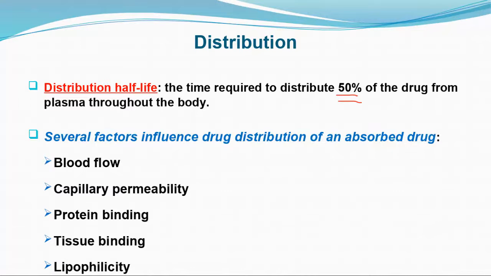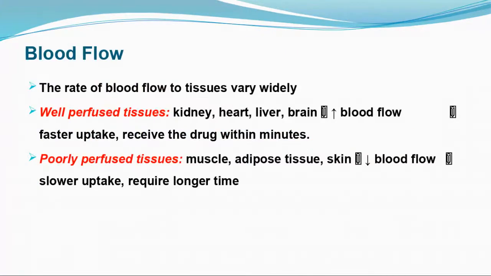There are different factors affecting the drug distribution. We will go through them throughout the lecture: the blood flow, the capillary permeability, the protein binding, tissue binding, and lipophilicity. And we will study every factor separately in detail.